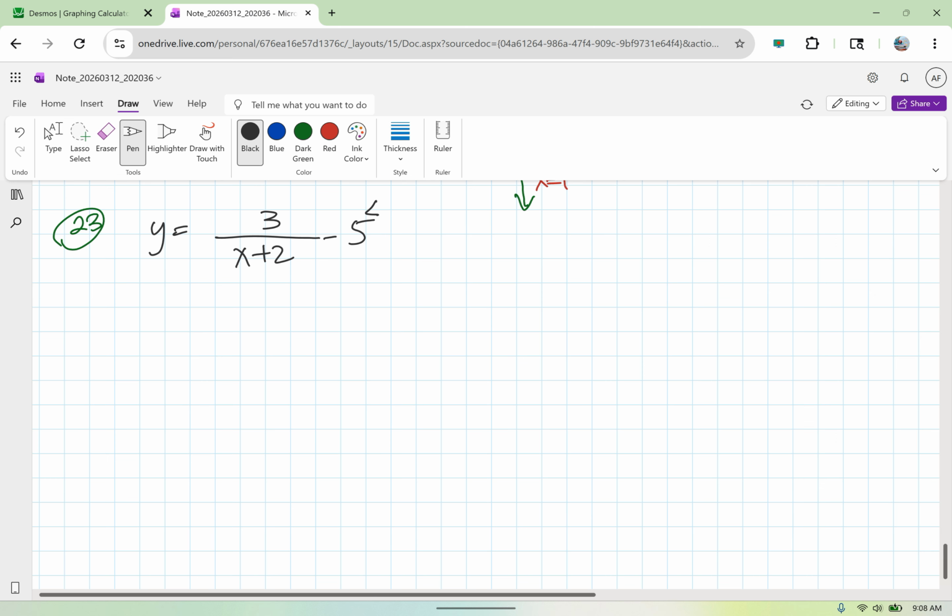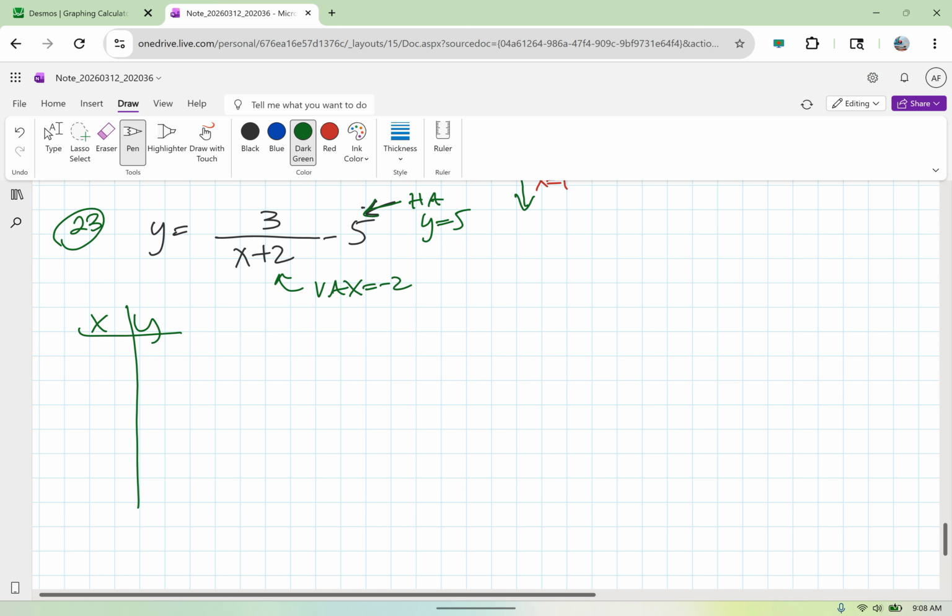All right, this is our horizontal asymptote, y equals 5. This is our vertical asymptote, x equals -2. And we're going to do an XY chart. Plug in values of x.